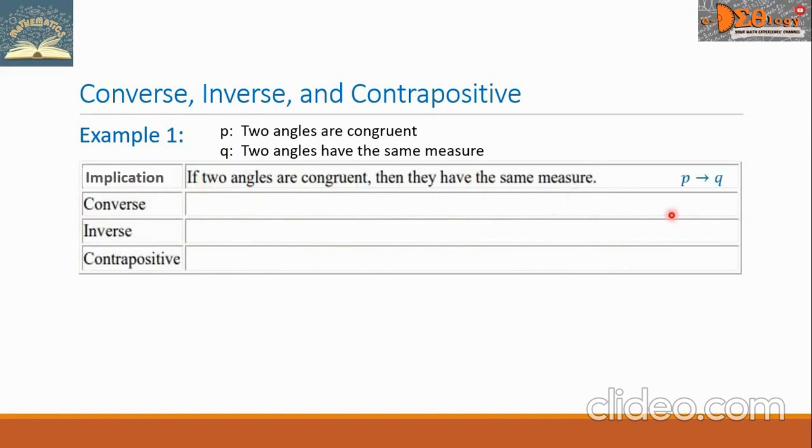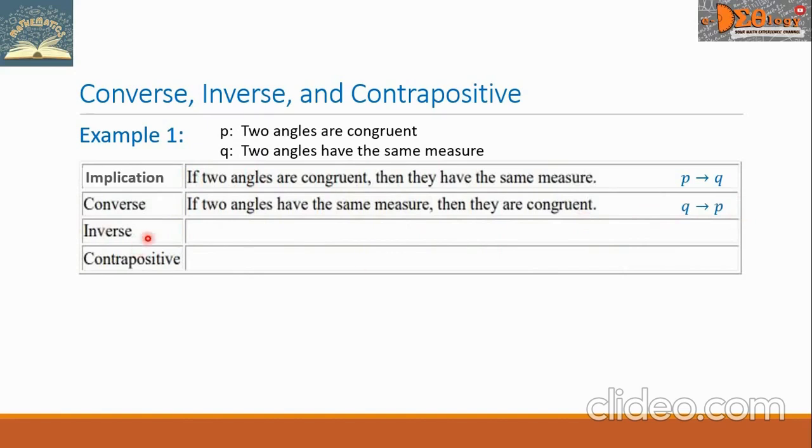In symbol, this is P implies Q. For the converse, we write if two angles have the same measure, then they are congruent. In symbol, Q implies P.